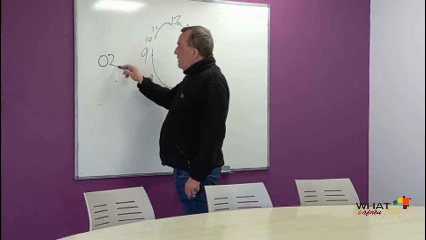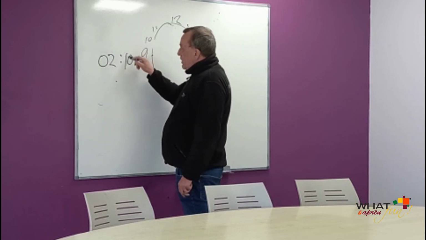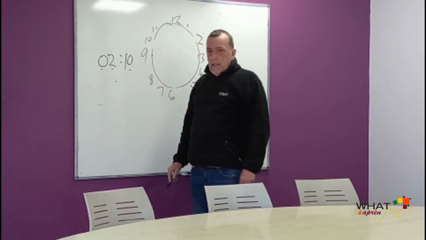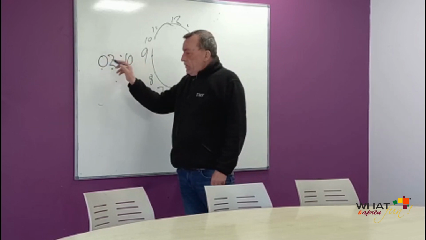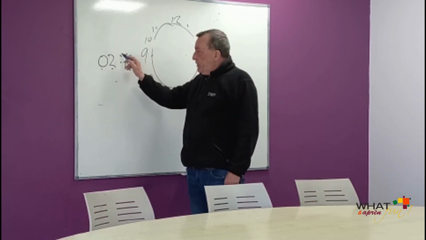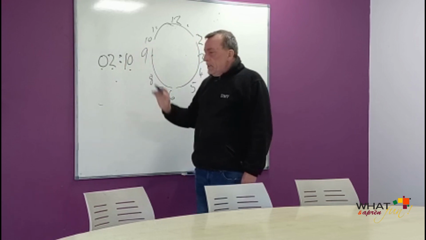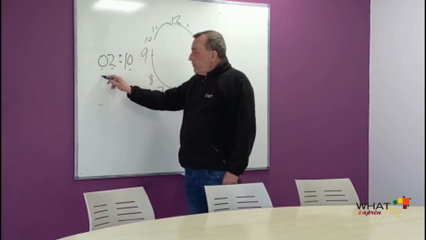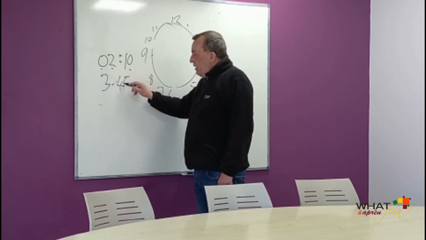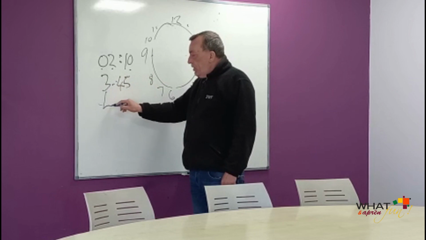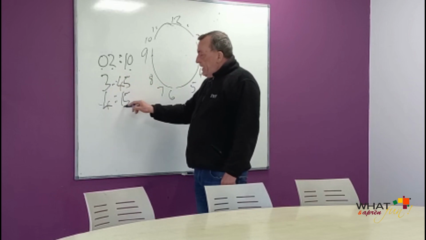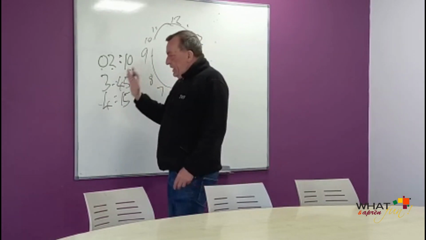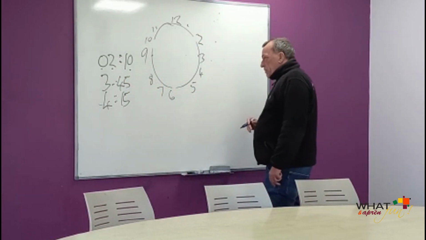You'll see, sometimes I say it, sometimes I don't. 0210. So the numbers are said individually before the midpoint, and afterwards we add them all together. So 0210 or 210. 3:45, 4:15, etc. Yes? So that's how we can read and say a digital clock.